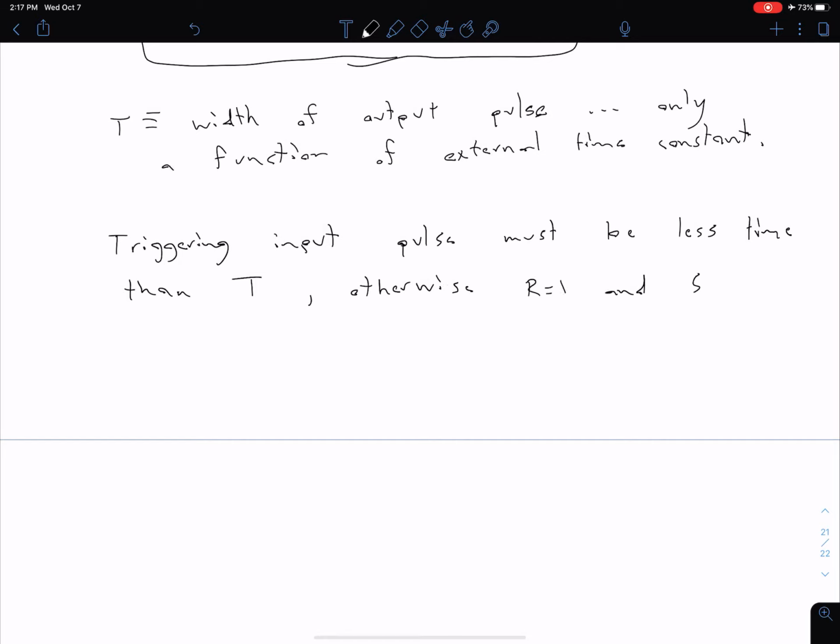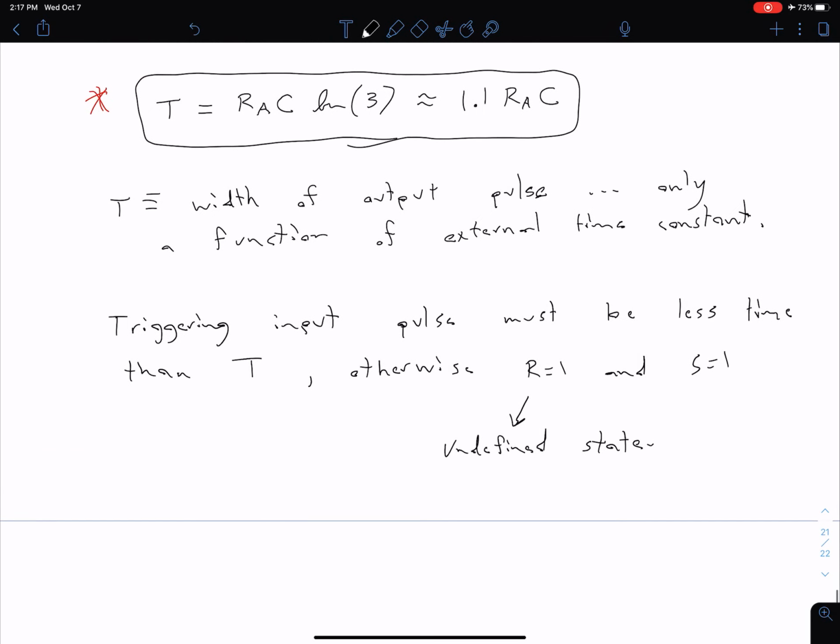We want to avoid that, and depending on our configuration, there are different considerations. If we have a pulsed input going to that, we want to make sure that that pulse input is less than our time T. If we have an external triggering system, we want to make sure that the pulse T generated is longer than whatever it is that's causing our triggering event.